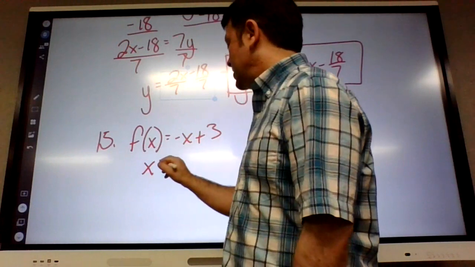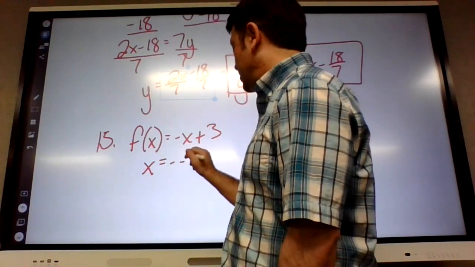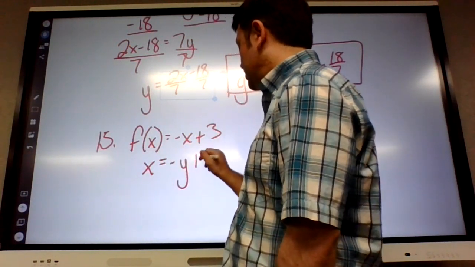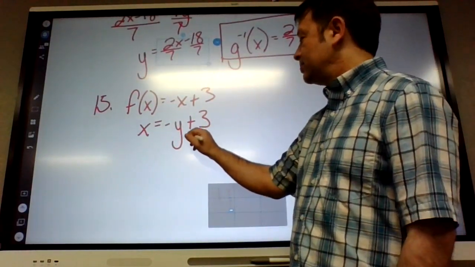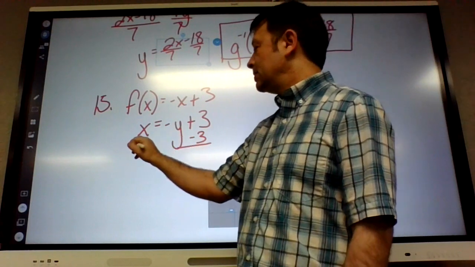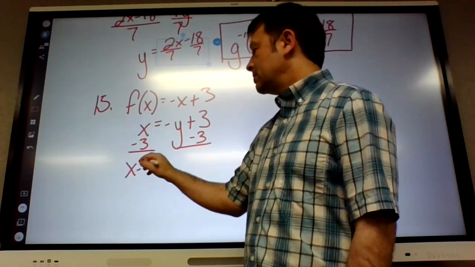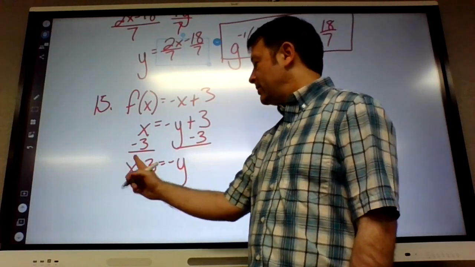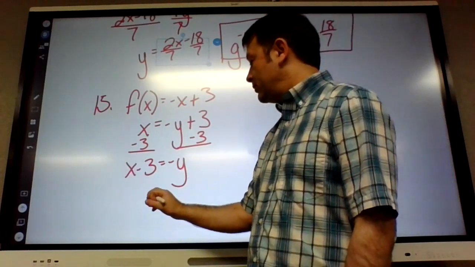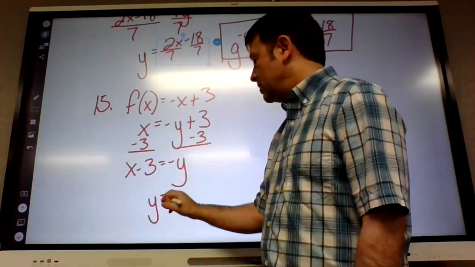So it becomes x equals negative y plus 3. So to get y by itself, I'm going to subtract 3. And to get rid of the negative, I'm going to divide by negative 1. What happens when we divide by negative 1? Everything switches.